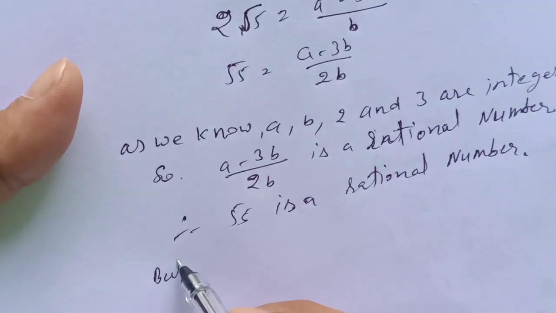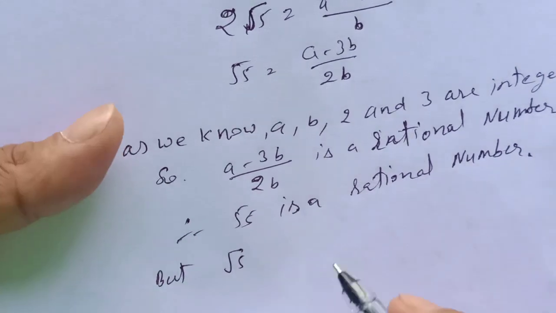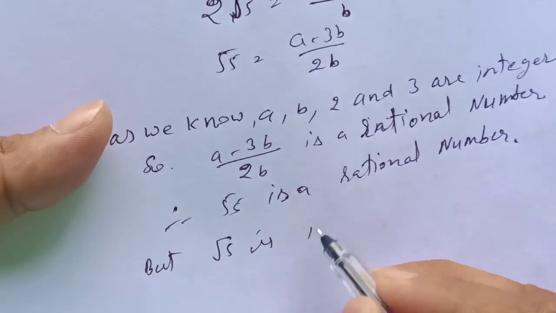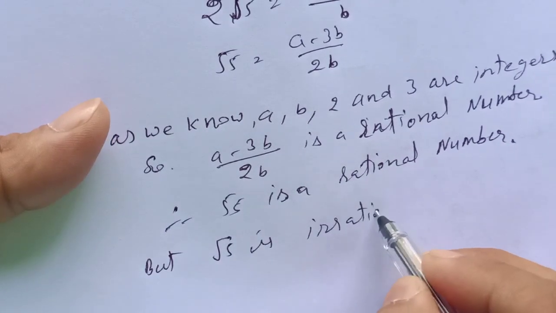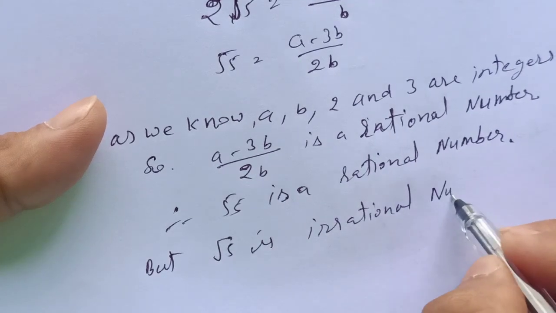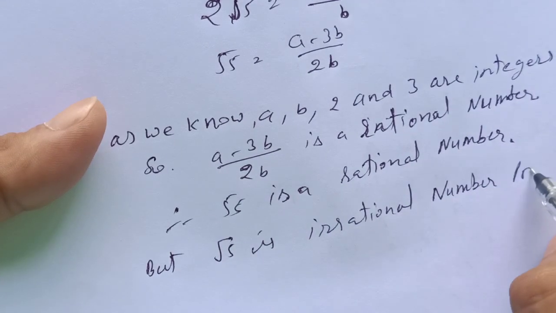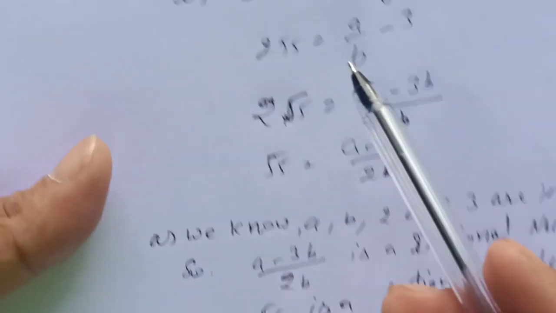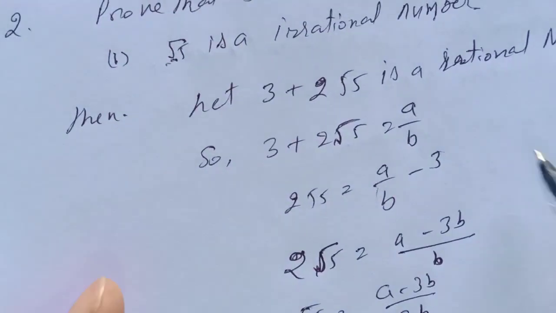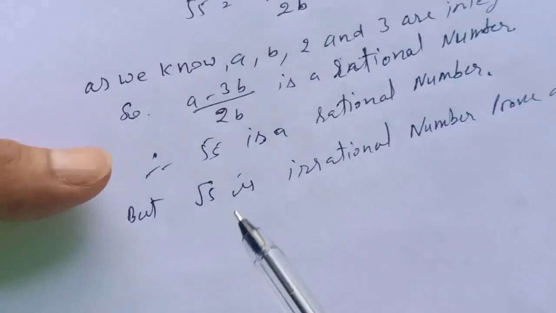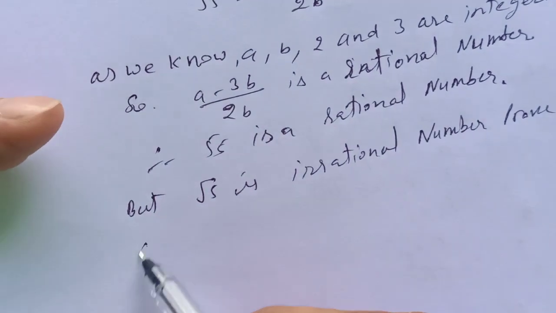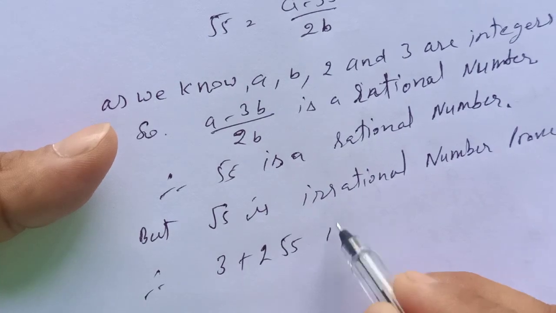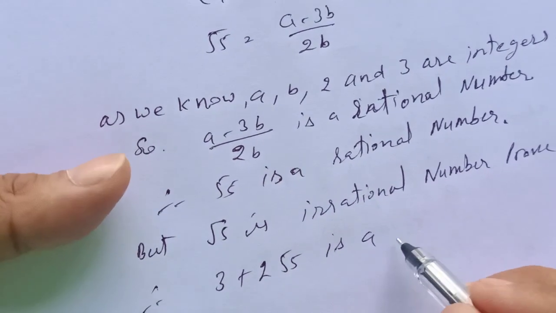But root 5 is an irrational number, proved above. It means we have to prove first that root 5 is an irrational number. Root 5 is an irrational number, proved above. Therefore, 3 plus 2 root 5 is an irrational number.